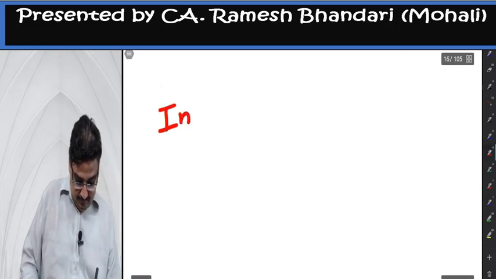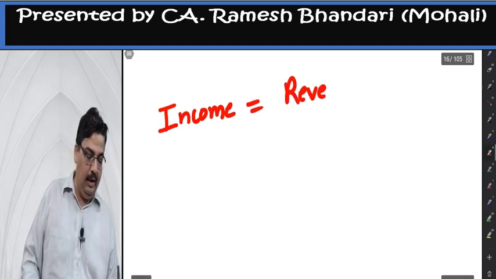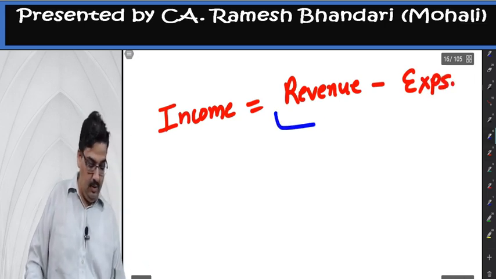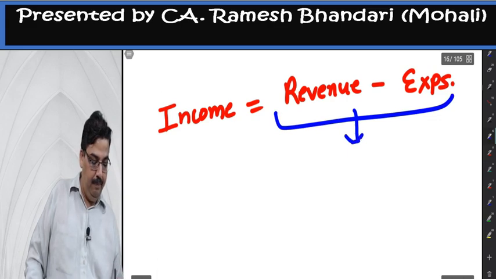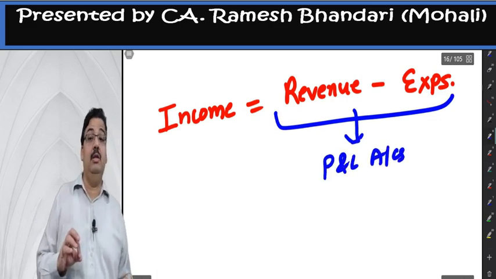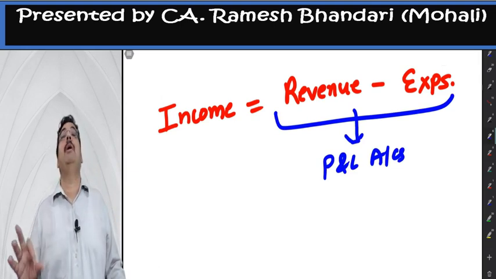Income is equal to revenue minus expenses. From where you are getting all this? You are getting from P&L account. So expenses does not include capital expenditure.